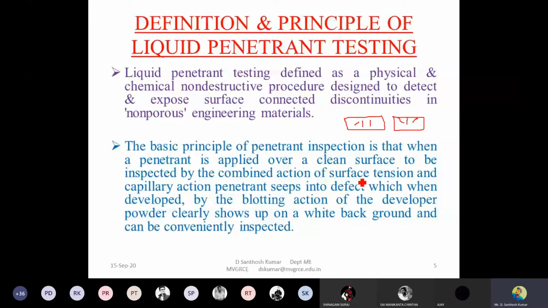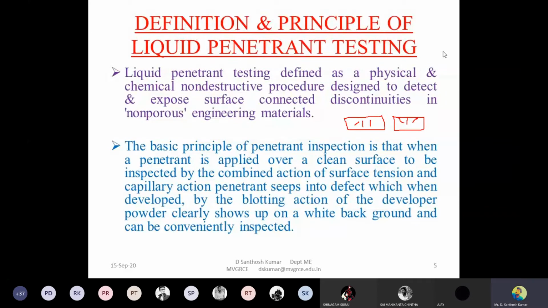So what is the basic principle of this penetrant inspection? Different people call it in different ways. The liquid penetrant test is sometimes also called the dye penetrant test, because a liquid dye is used.